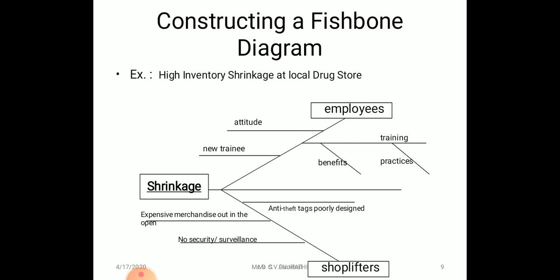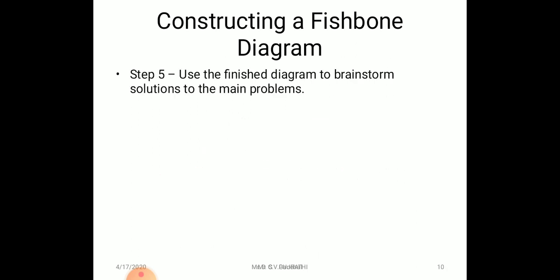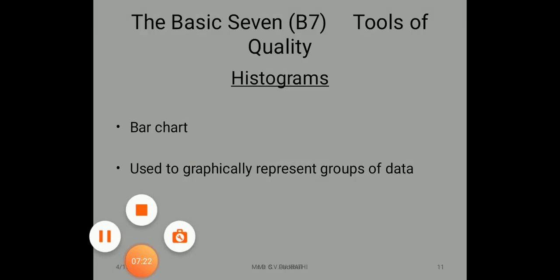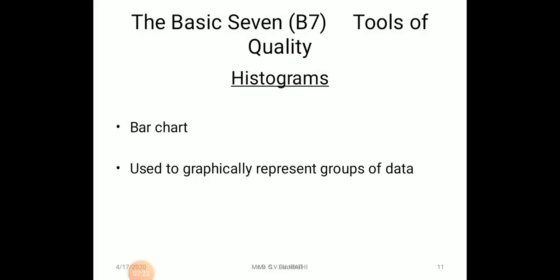Or with employees, we should discuss with the employee and give some extra benefits so that he will be satisfied and work honestly. So likewise, we can find out the reasons after knowing the problem. So here we will stop and we'll see the histogram in the next lecture.